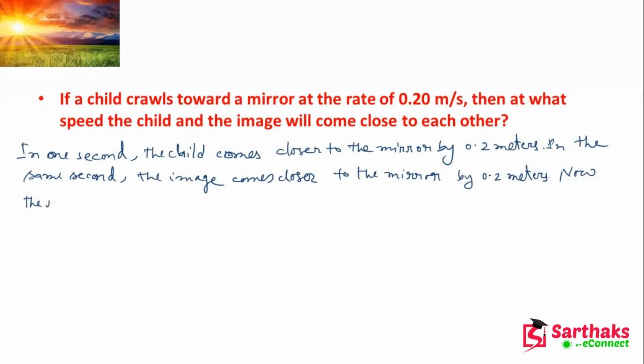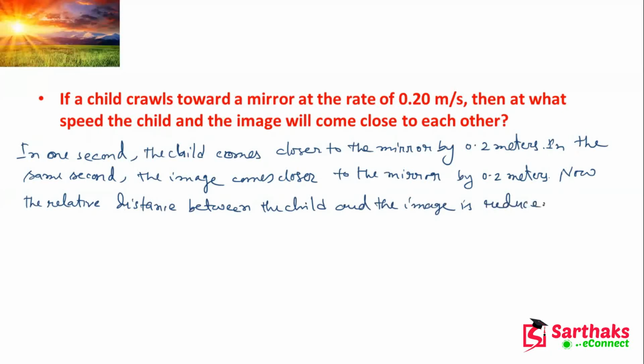Now the relative distance between the child and the image is reduced by 0.4 meters, 0.4 meters in 1 second.